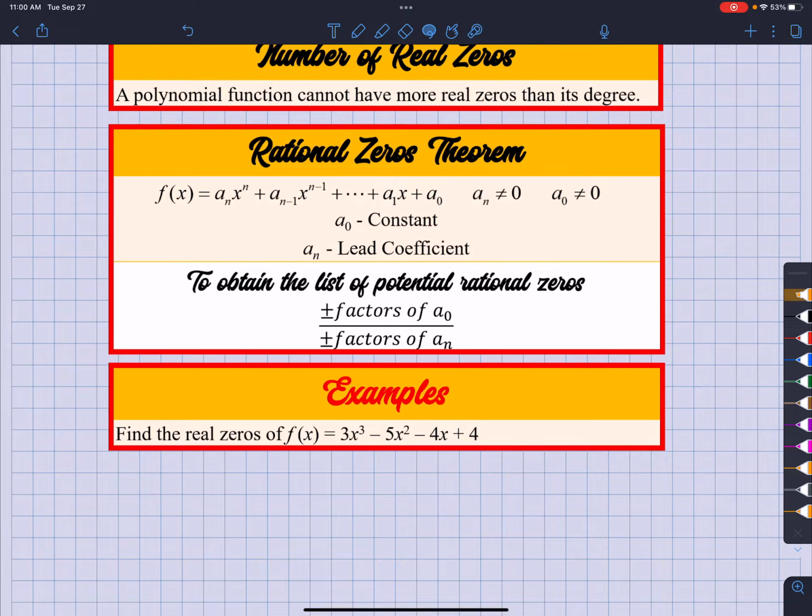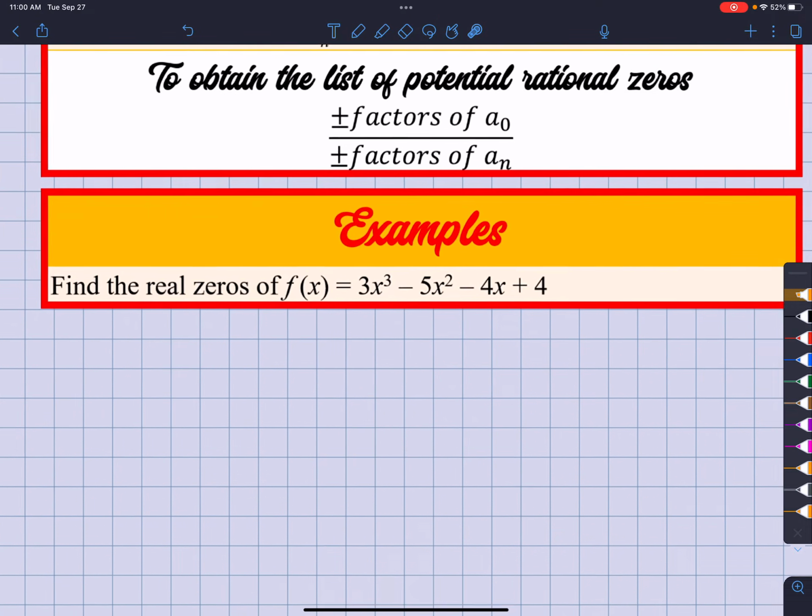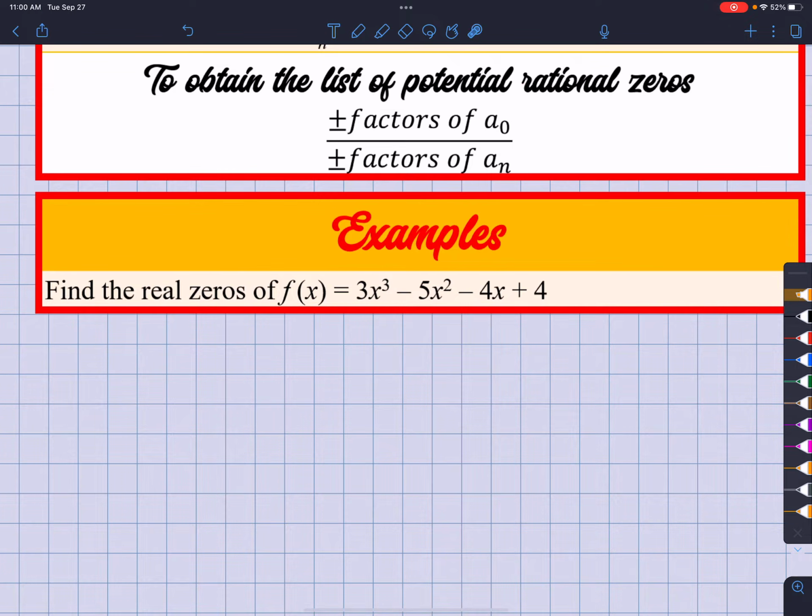What does this one say? All right, this one says how to find the rational real zeros, right? So it talks about this right here. So let's go ahead and use this as an example. So to find potential rational zeros, what I have to do is this. I have to put this in standard form, meaning highest power to lowest power.